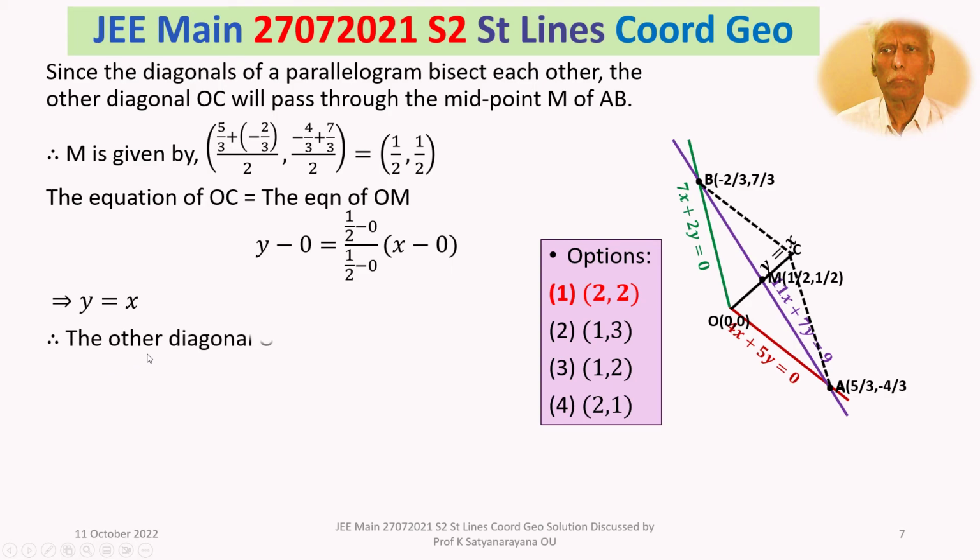So the other diagonal OC passes through the point (2, 2). Therefore our answer is option 1. That is a very simple and straightforward question from coordinate geometry based on the properties of straight lines.